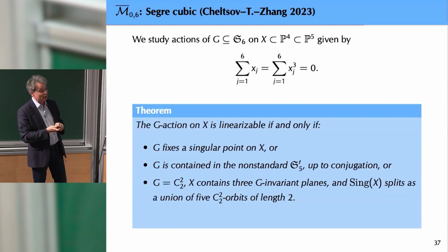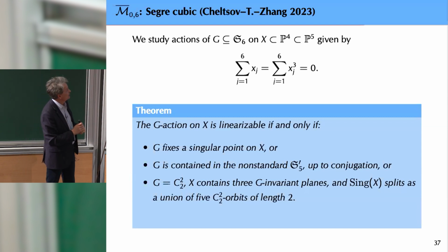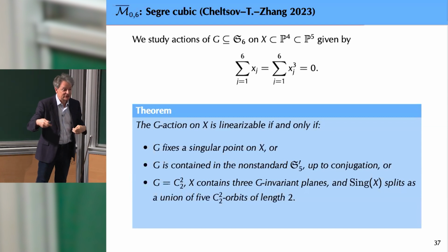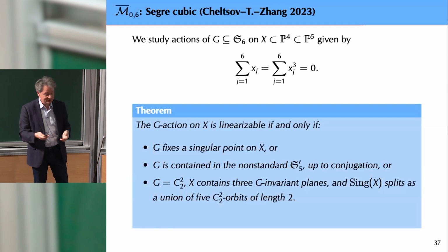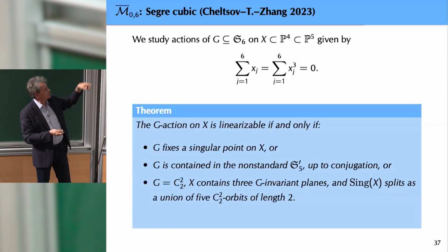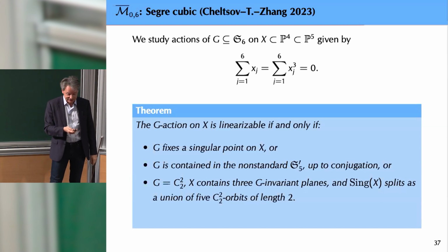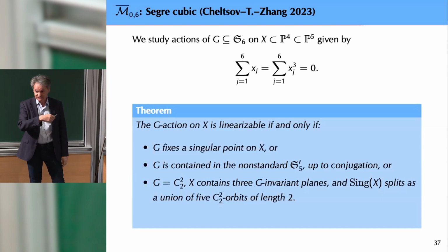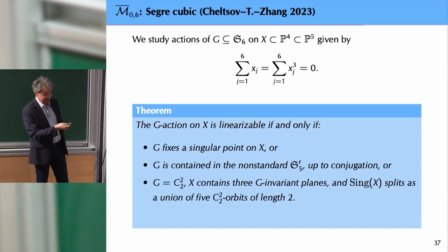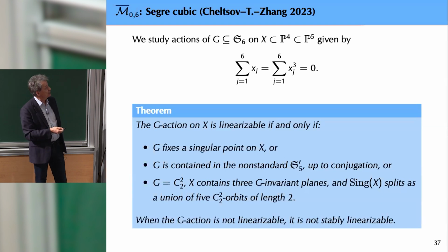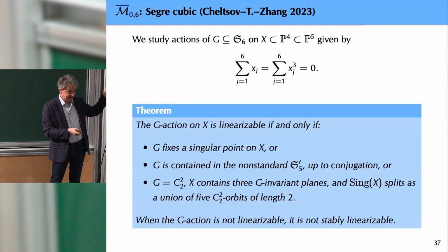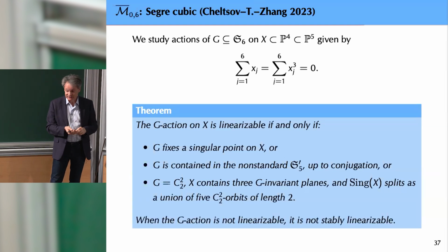G is contained in the non-standard S5, up to conjugation. As I said, the non-standard S5 is linearizable. And then there is the C2 squared that is described in terms of geometry over here. That's not as obvious, it's neither here nor there, but it is also linearizable. And it's an if and only if: if you're not on that list, then you also fail stable linearizability.